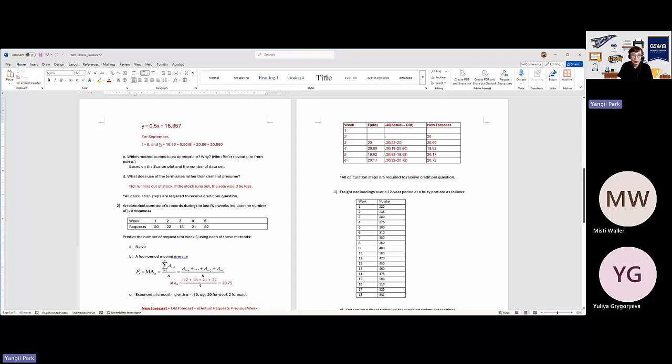But since we talk about week 2's forecast, that's how you're going to start from week 3. So you don't have to calculate week 1 and week 2. Then plug in again, and your forecasting number is 20.72 based on the smoothing method.